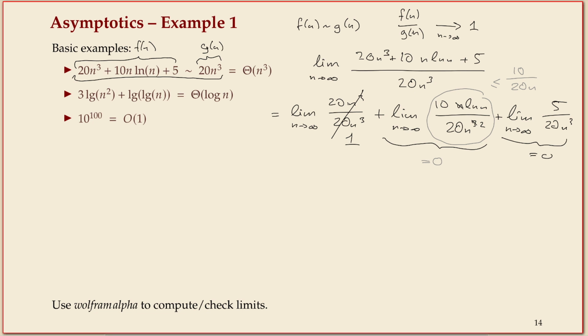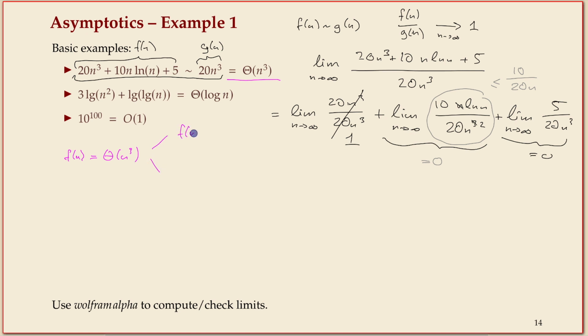Now, we can use the same calculation to also do this second part. Why is it theta of n cubed over there? Because of the theta notation. Well, I haven't explained that part. So far we've only shown this part, the first claim. If we also want to prove theta of n cubed, first of all, this means two things.